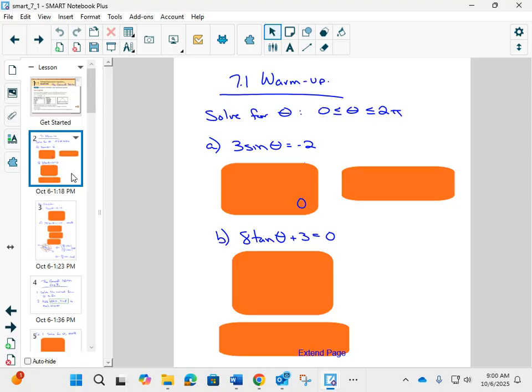You can do this on page, what page are we on? On page 572. You can start on 572 and then there's space on the top of page 573.